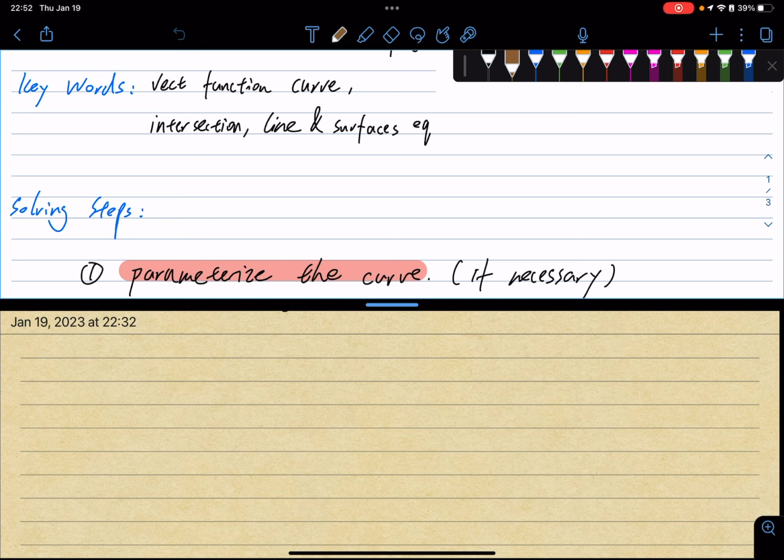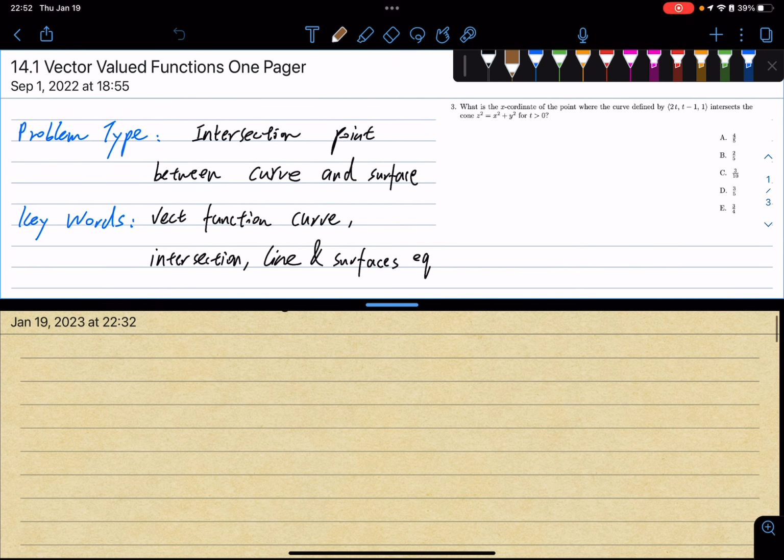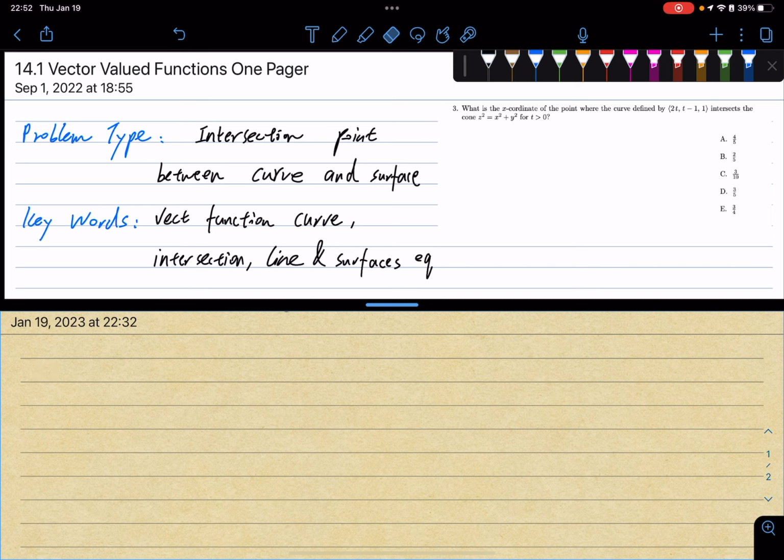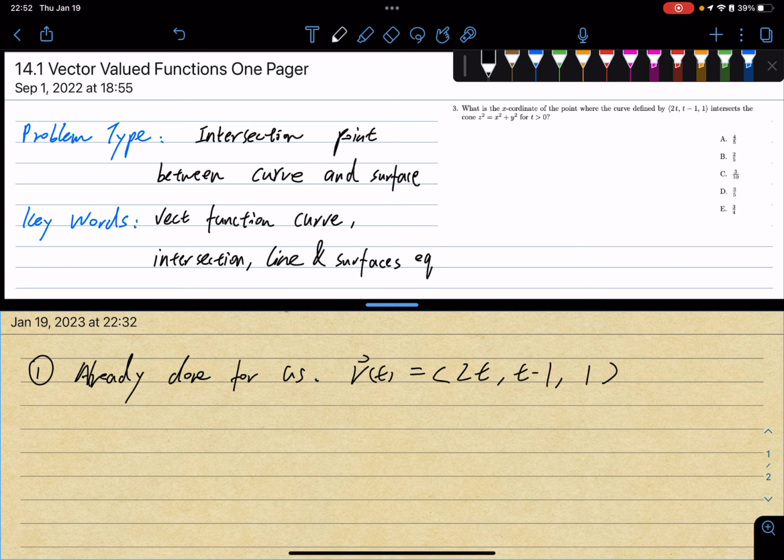But this time, we don't need that because it's already given to us. If you look at the problem right here, the first step is already done for us. So that's just r of t equals 2t, t minus 1, 1. It's the same as inside the problem.